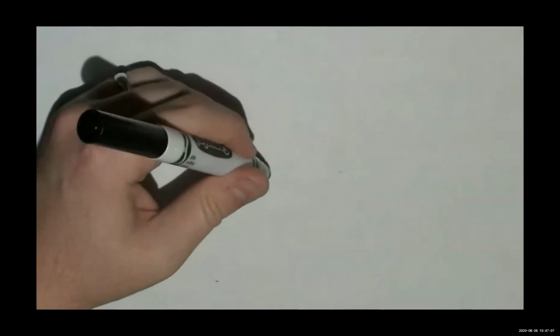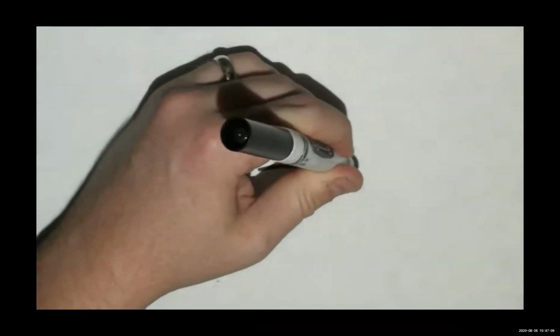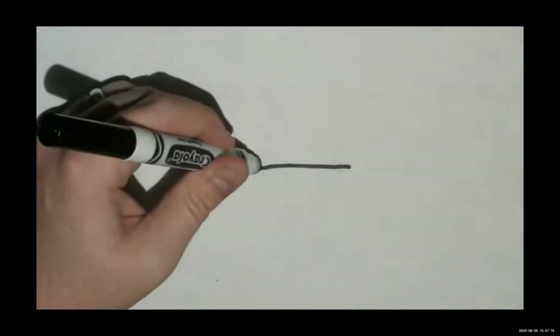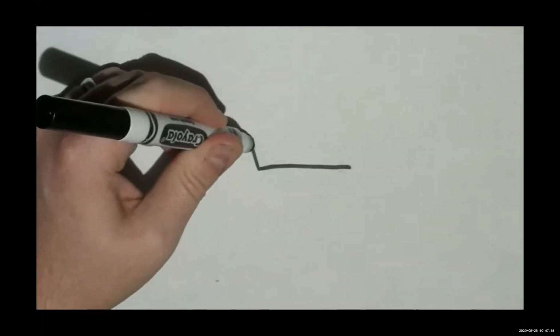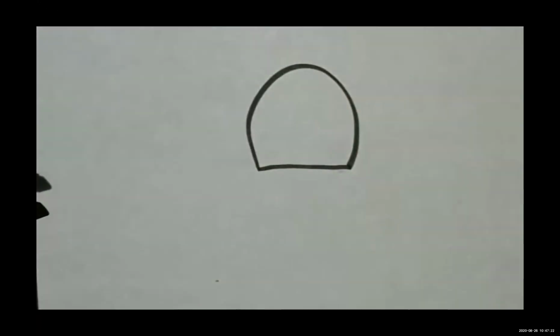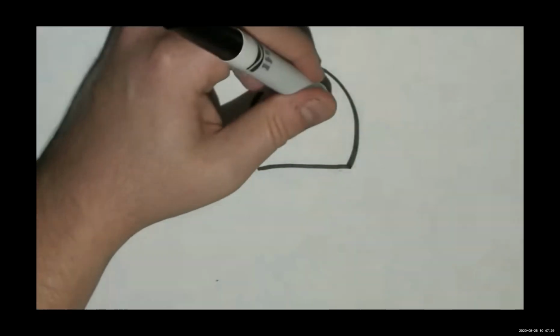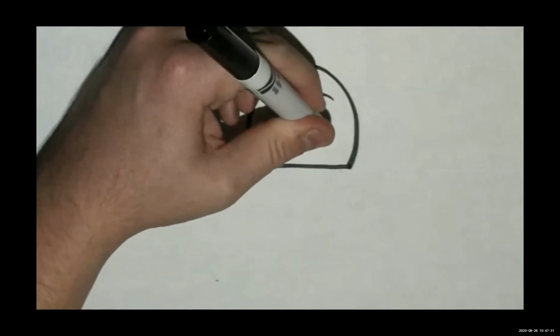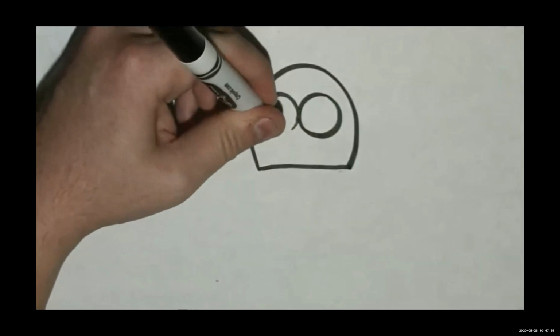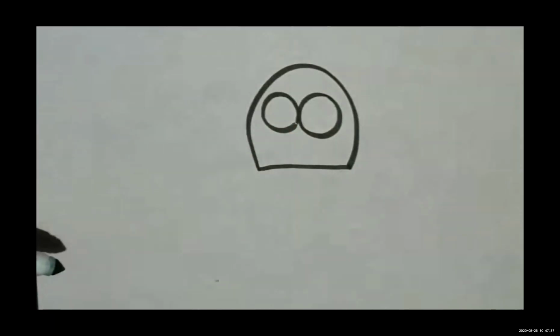To start, I'm going to draw a line down the middle of my page. On each side of my line, I'm just going to draw a line to connect them by curving it around up top. This will be our mad scientist's head. Inside in the middle, I'm going to draw two large circles that touch each other right there in the middle.